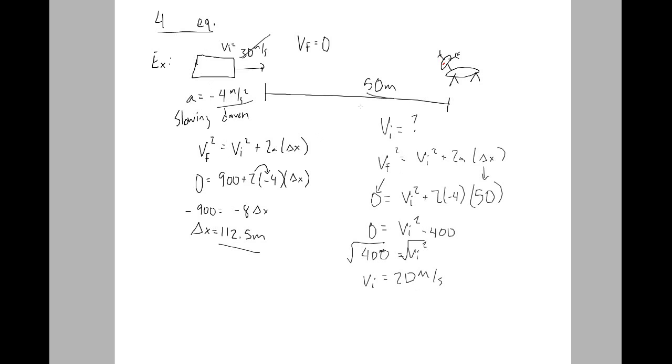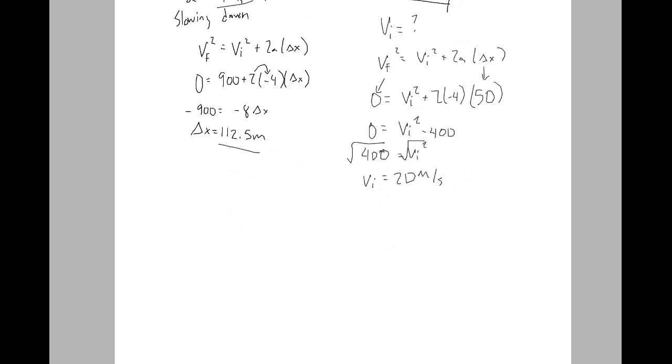So let's do another example. Let's say I've got a car that is going 45 meters per second, and let's say I've got another car going 20 meters per second, but accelerating at, let's say, 3 meters per second squared.